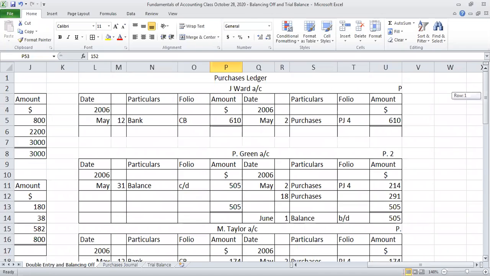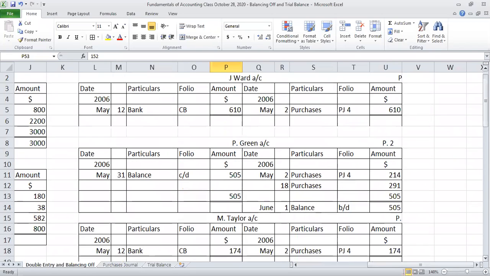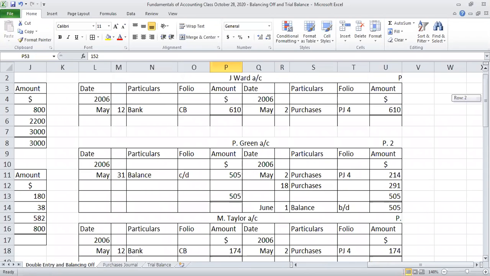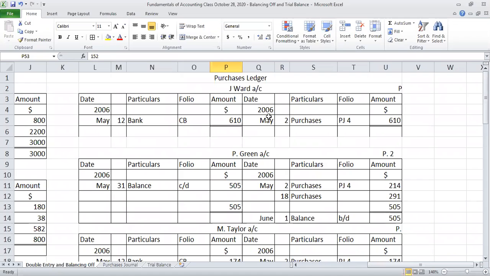So in the purchase ledger, J Ward has a zero balance, so in this case J Ward would not go into the trial balance.